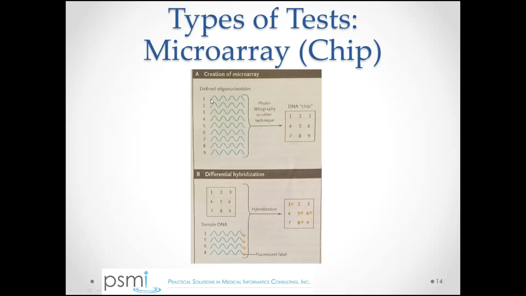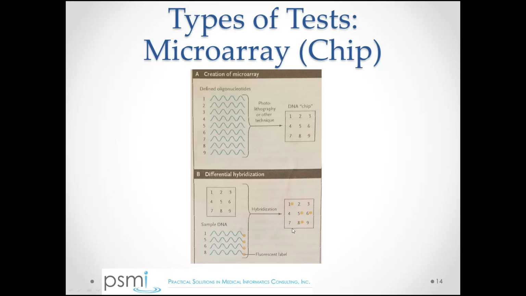Based on that, they have to create a library of oligonucleotides. They then have to apply those oligonucleotides onto the chip. So at this particular position, we know that we have oligonucleotide 1. And here we have oligonucleotide 2. And we need to know exactly which oligonucleotide is in what position, because ultimately, after we've hybridized the chip with the patient's DNA, we're going to see where there was hybridization, because we're going to see a fluorescent label.